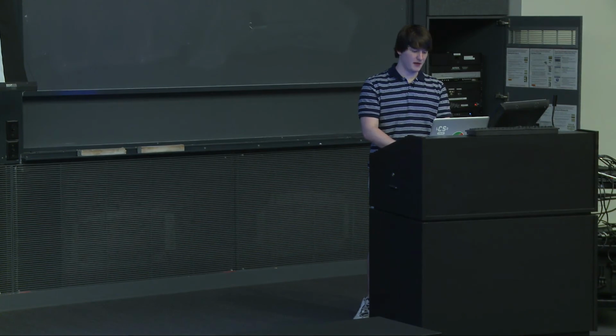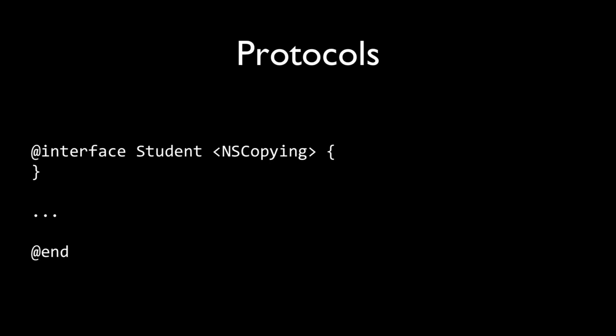So, a couple last things. Okay, so protocols. We're not going to go into deep detail today about them, but they are going to be pretty substantial in your iOS usage.